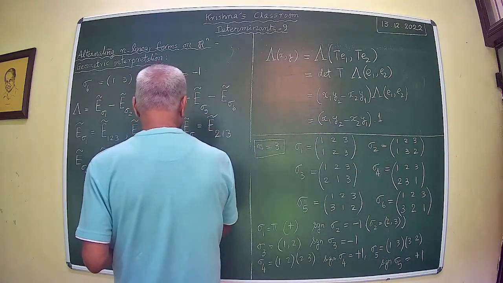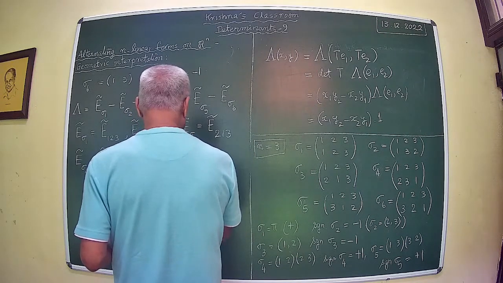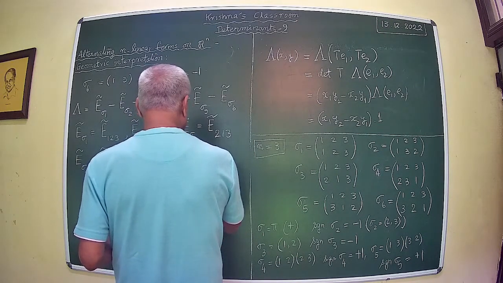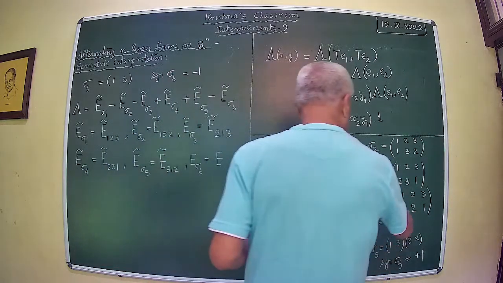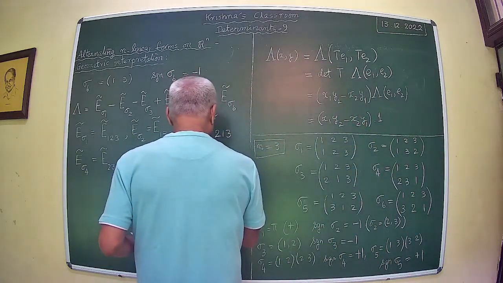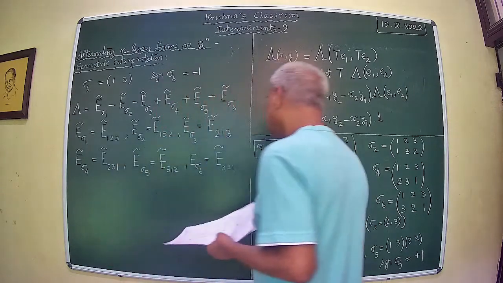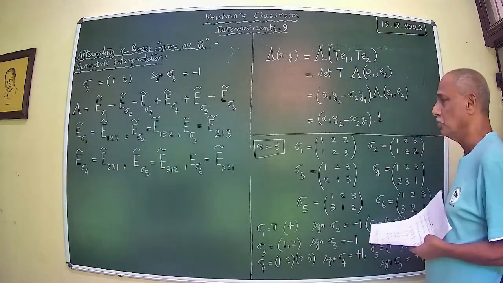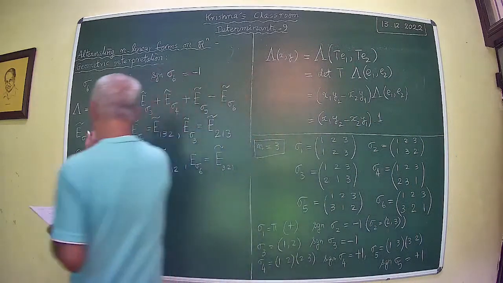E sigma 6 is essentially E 3, 2, 1. So these are the new notations that we have introduced.